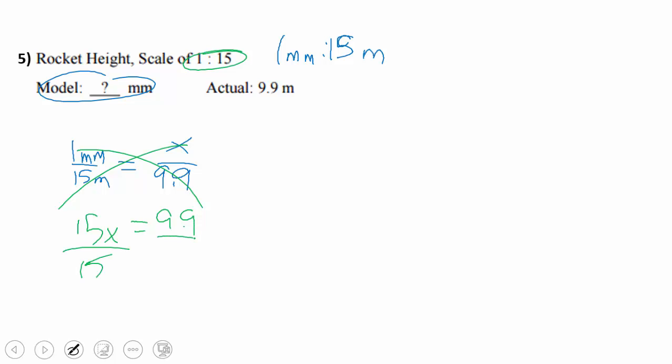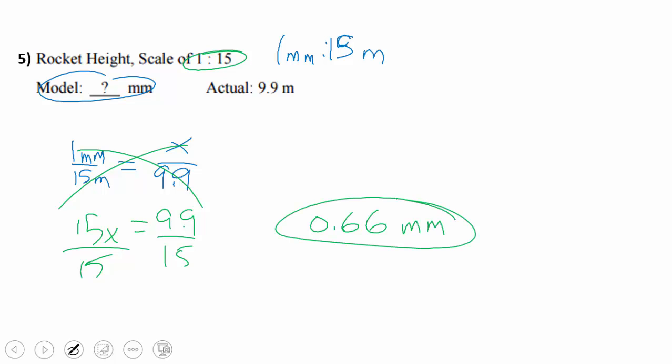Dividing by 15, we find the model is pretty small: we get 0.66, and that would be millimeters. That's kind of crazy small, but it is what it is on a model. I don't know who would make a model that small, but that's exactly how it works out.